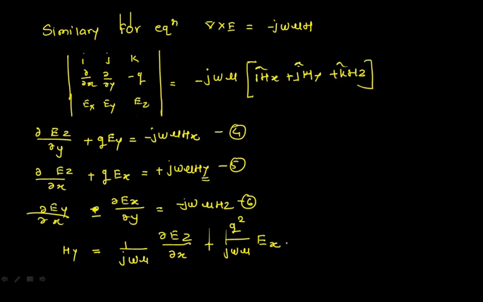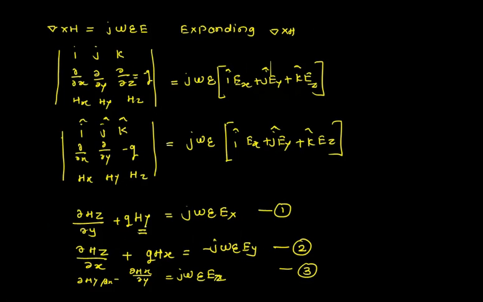So this is nothing but what I have got after separating Hy from equation number 5. Now as I asked you to remember this particular equation which contains this Hy, ठीक है, so we'll put this value of Hy in the equation number 1.